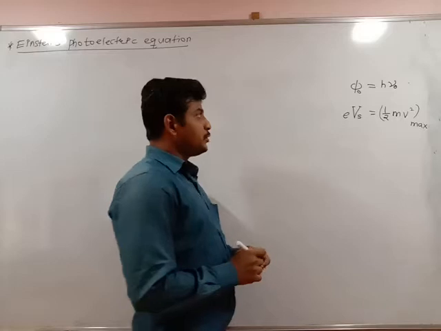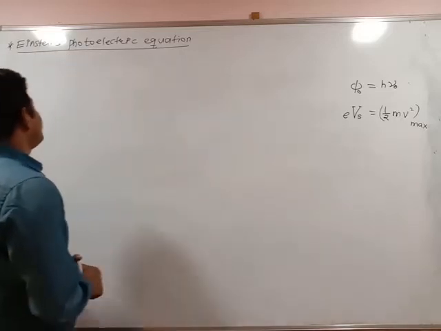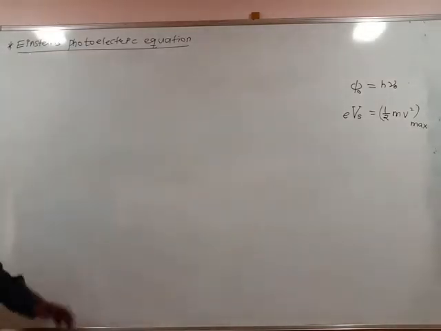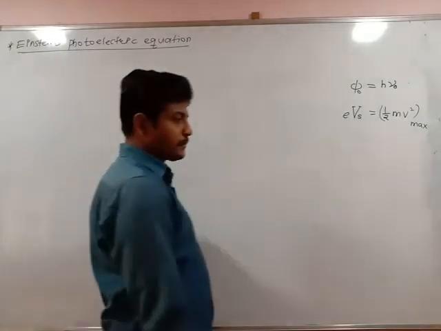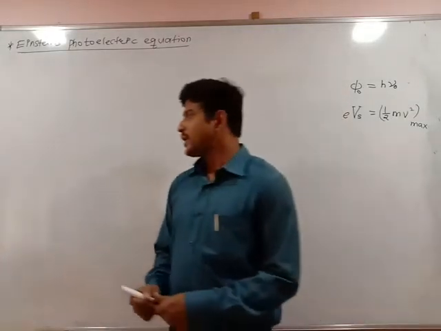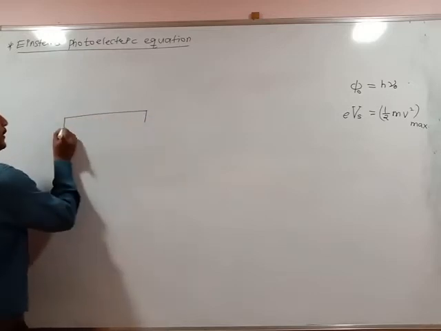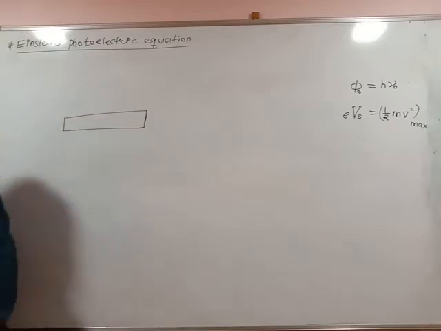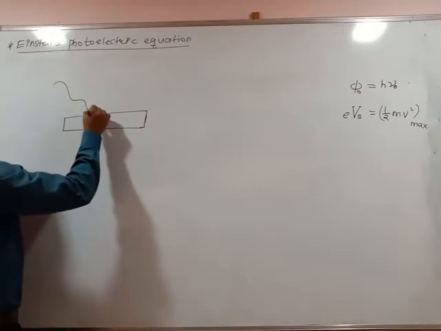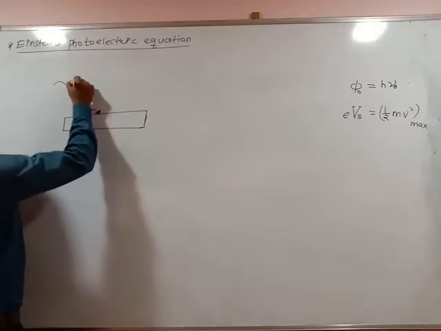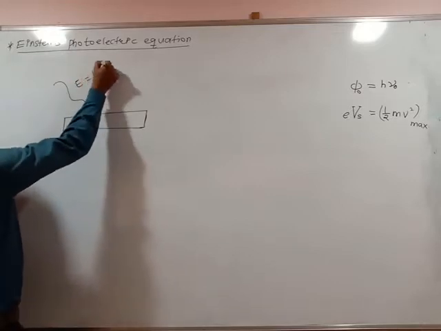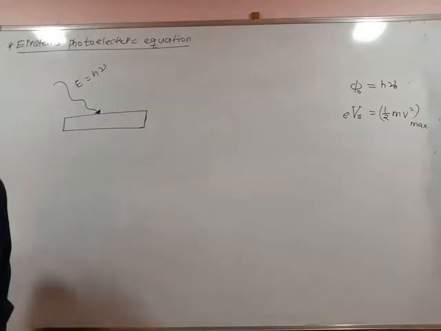So using this basic concept, we are going to see Einstein's photoelectric equation. A very simple concept it is, which was discussed by the scientist Einstein. There is one metal surface, and a photon of particular energy equal to h nu falls on the metal surface.